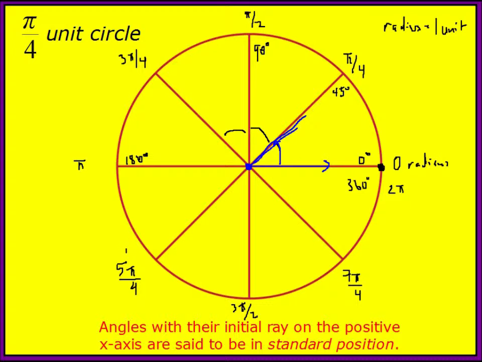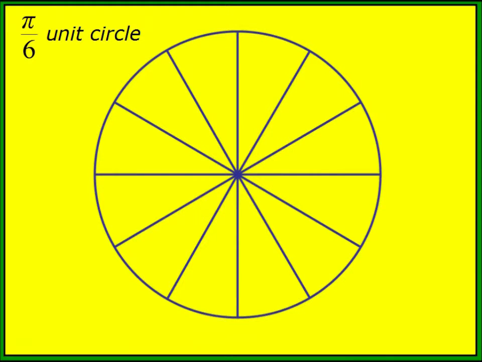It's a good way to get some standard so that we can talk effectively and efficiently, using common angles that we use all the time. Really, if you think about it, this is a 45-degree angle we use all the time in trig. 45, 45, 90 is the first thing that comes to mind when I hear 45-degree angle. And the pi over 6 unit circle, we'll go ahead and discover this for ourselves.